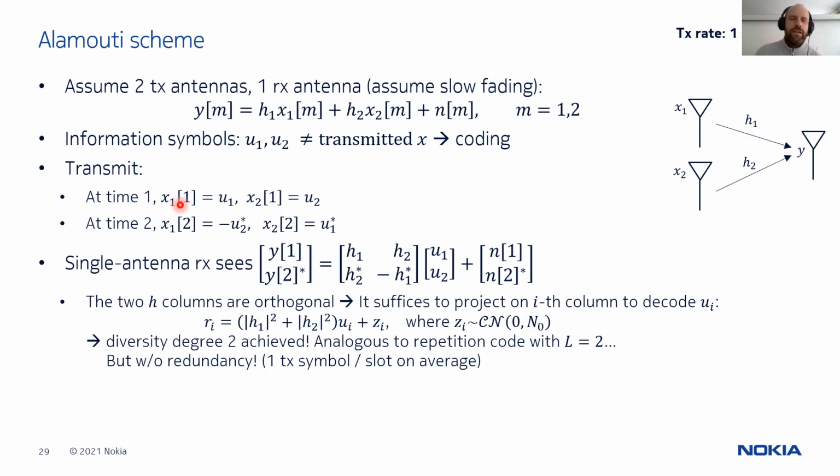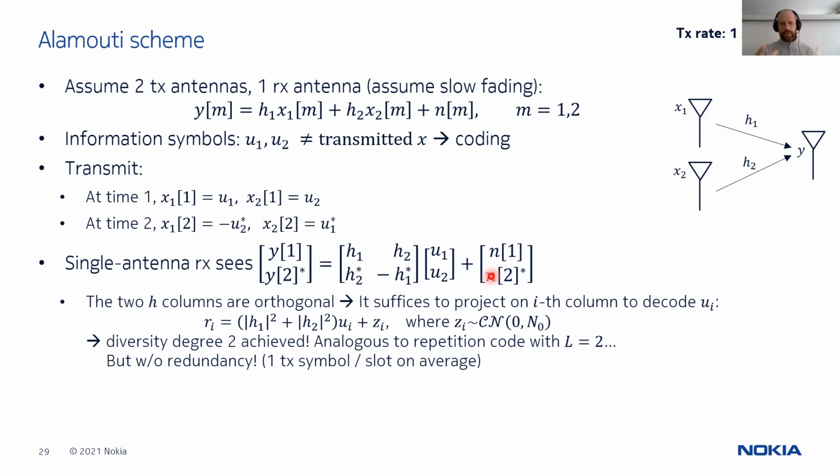At time 1, you transmit U1 on antenna 1 and U2 on antenna 2. At time 2, you transmit minus U2 conjugate on antenna 1 and U1 conjugate on antenna 2.